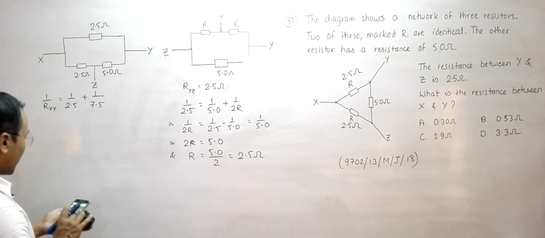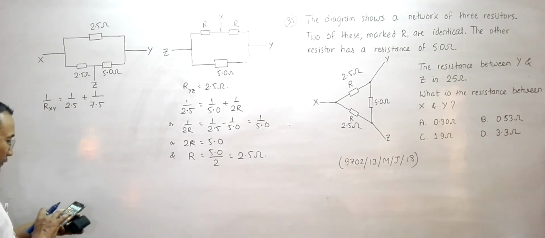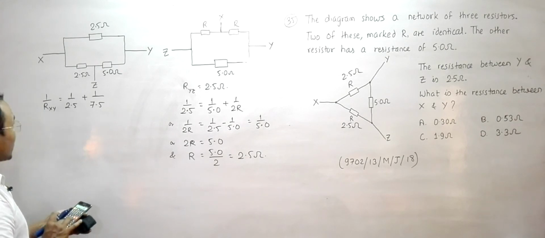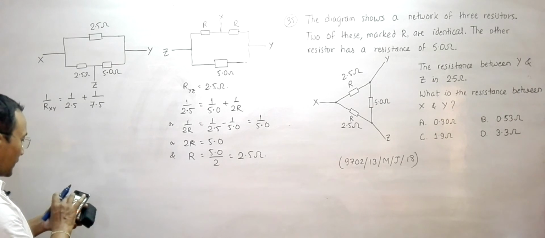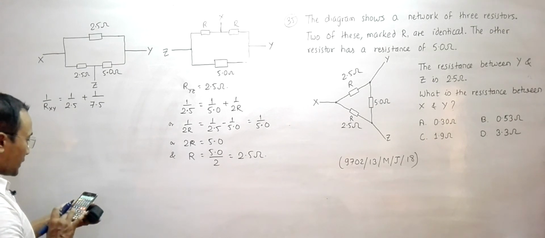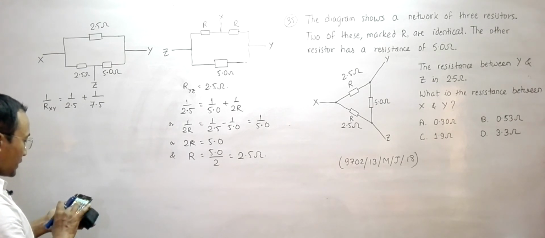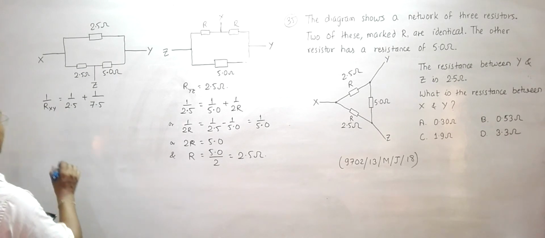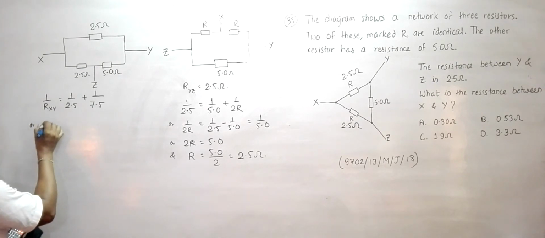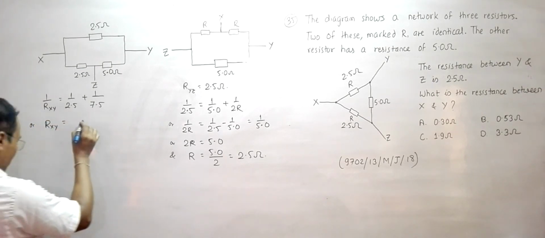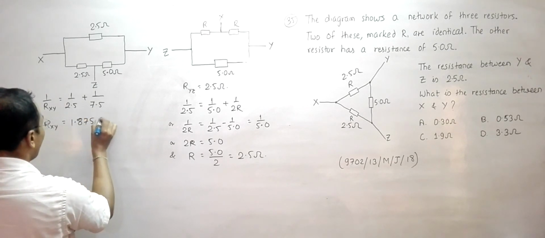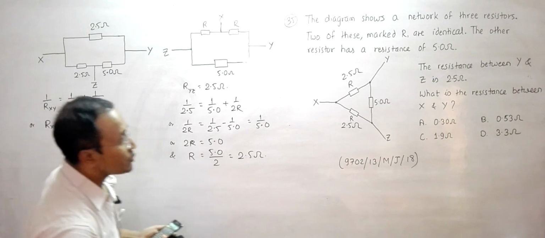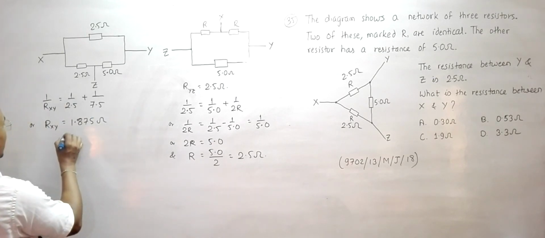So 2.5 reciprocal, we have a reciprocal function here, plus 7.5 reciprocal is equal to this much, and its reciprocal gives me RXY equal to 1.875 ohm.